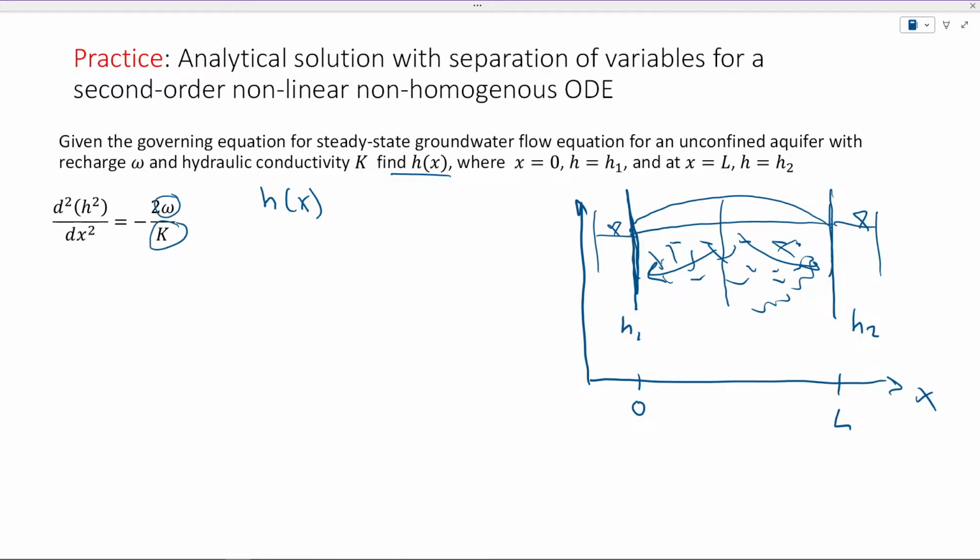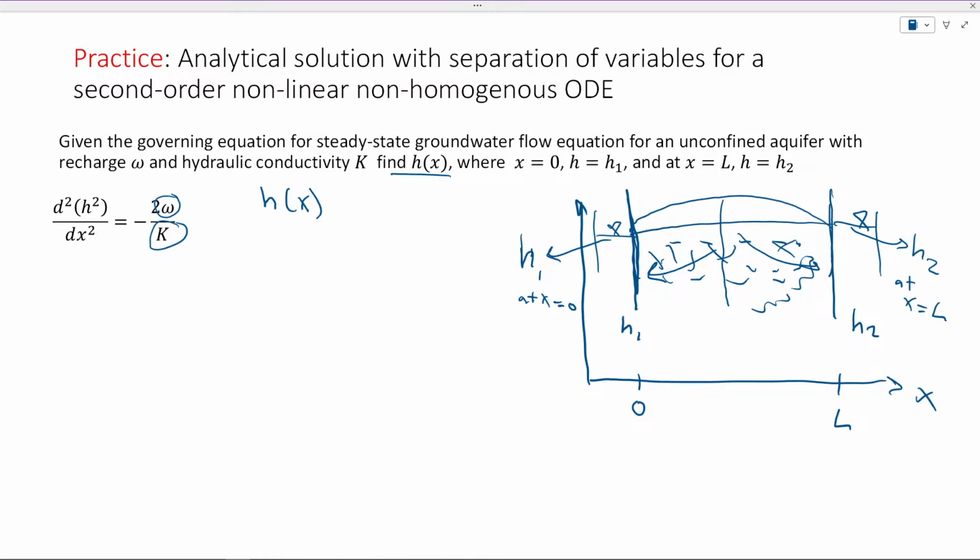So these are your two boundary conditions. Here this is h2, and this is h1, at x equal to 0, and here at x equal to L.